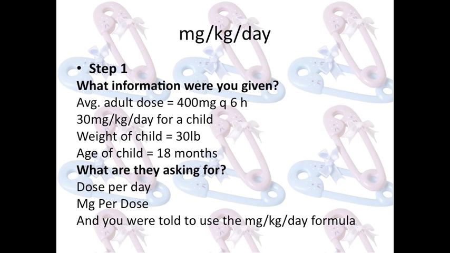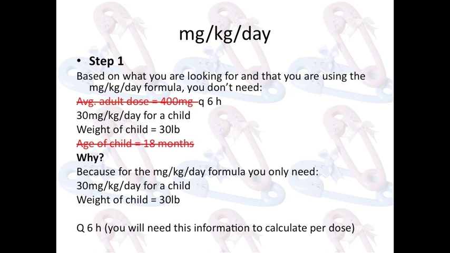What are they asking for? They're asking for dose per day, milligrams per dose, and you were told to use the milligram per kilogram per day formula. Step 1. Based on what you are looking for and that you are using the milligram per kilogram per day formula, you don't need the average adult dose, which is equal to 400 milligrams.